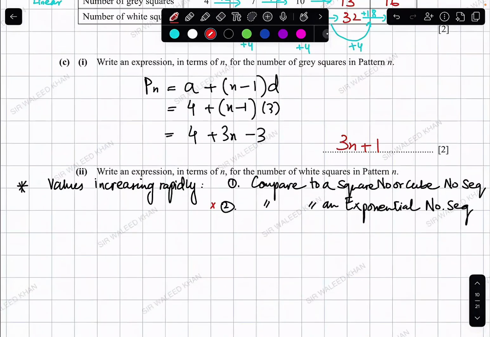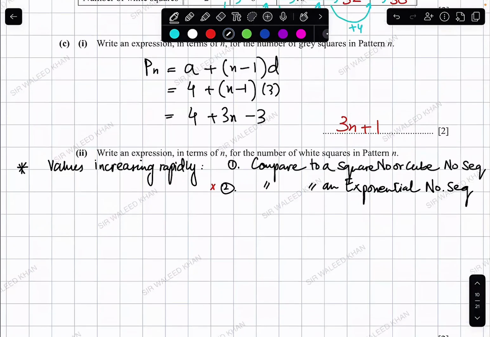Like for a fixed base. We have other sequences such as the square number and cube numbers. We can compare it. So let's say we have the first term, second, third, fourth, fifth. These are the number of terms.